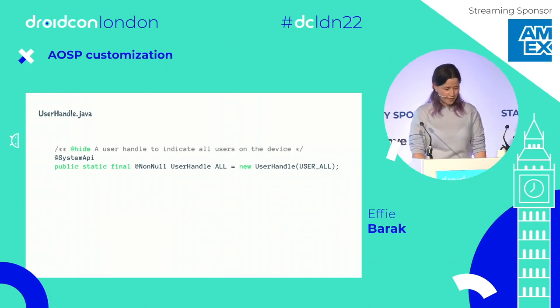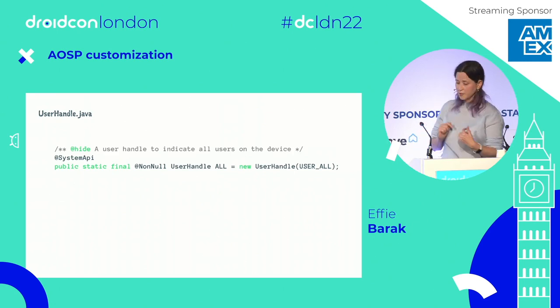So why is that? This is because this is a system API. When the public SDKs are being built, the public SDKs that we build against in Android Studio, they are stripped of all these secret APIs. So this is maybe a thing to clarify.